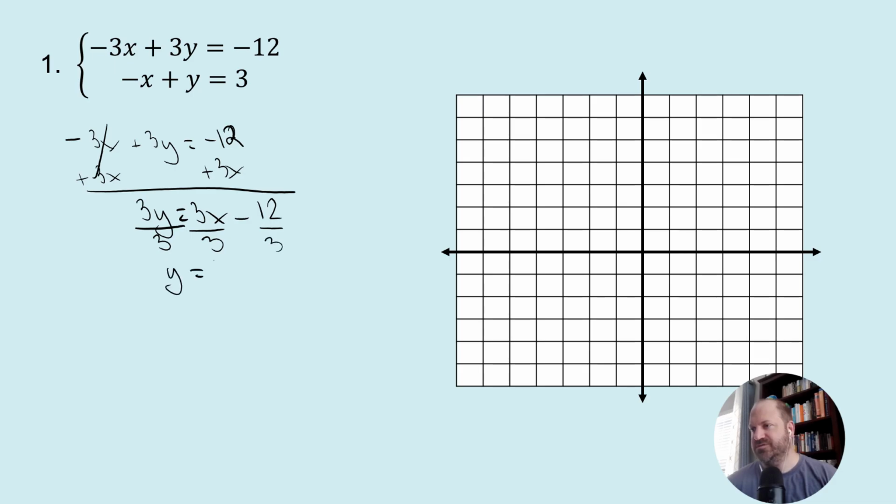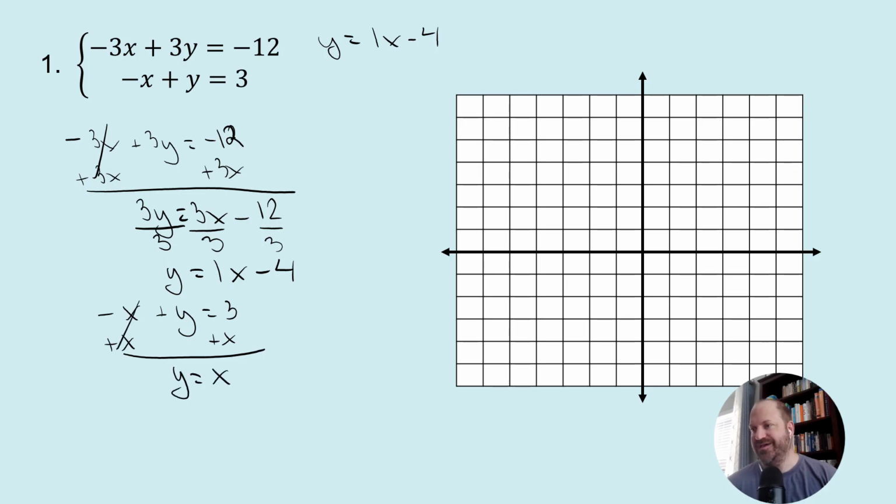So y equals 1x minus 4. So this top equation is y equals 1x minus 4. And my bottom equation, negative x plus y equals 3. Let's add x. The x's cancel out. We get y equals x plus 3.